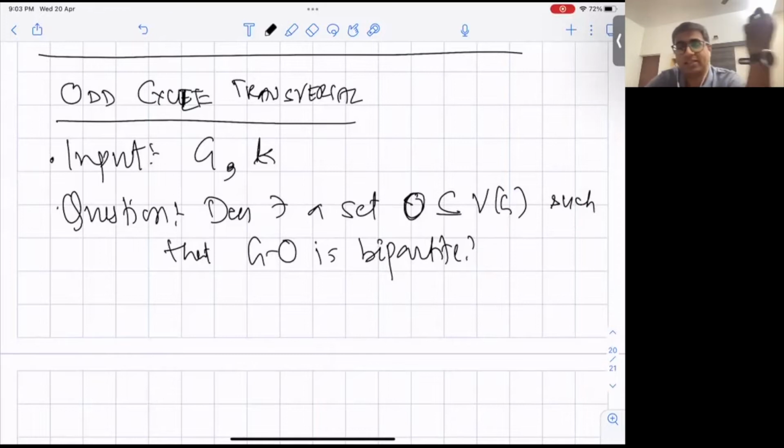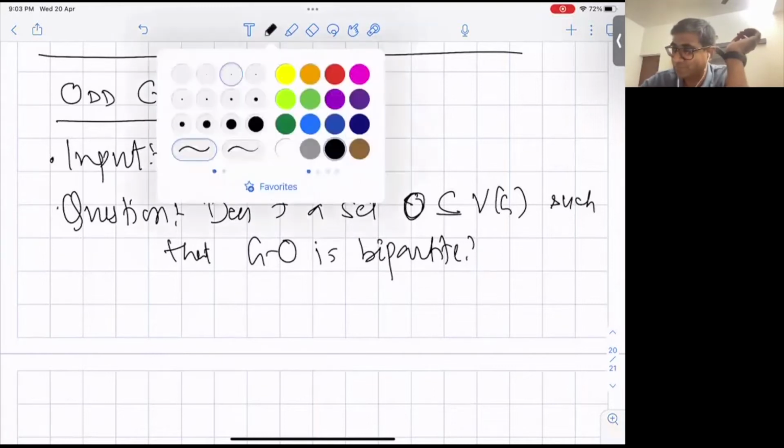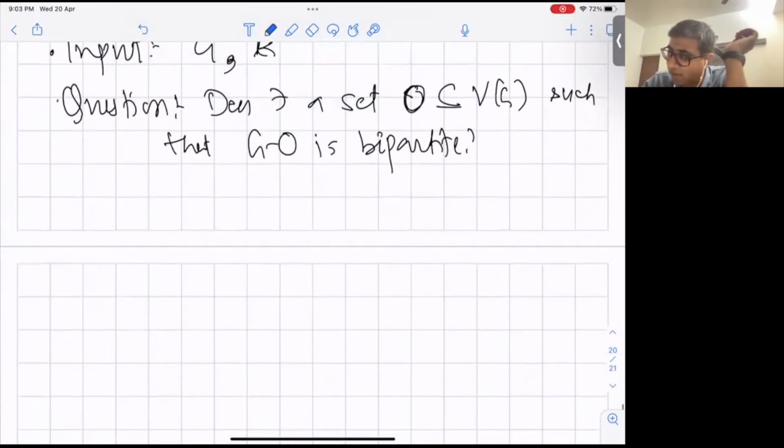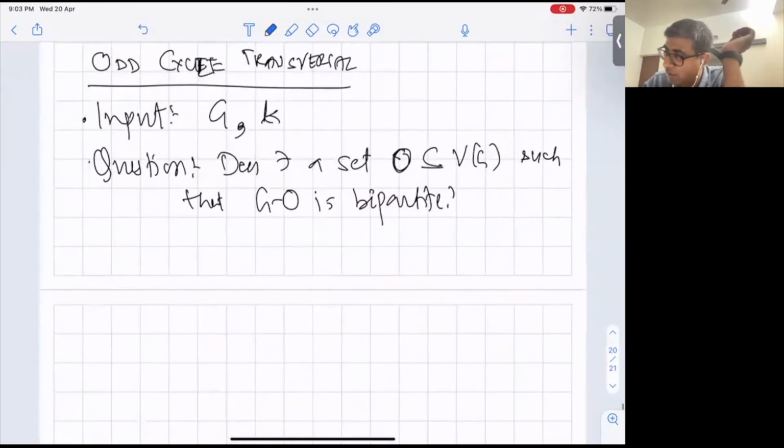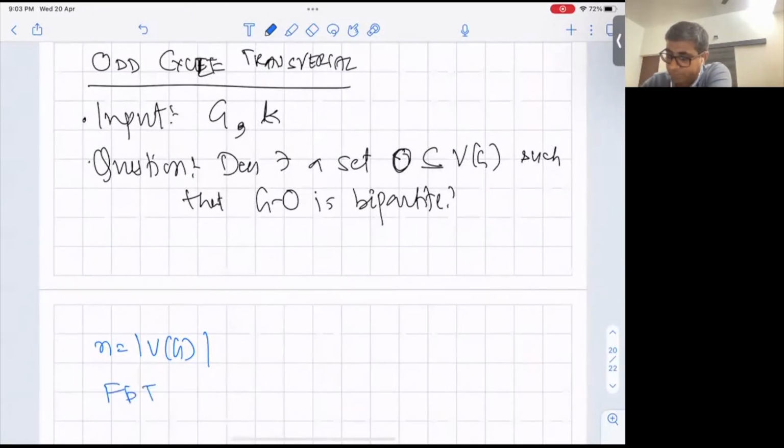Okay. So how did we start designing an algorithm for vertex cover? We actually started with n equal to the vertex set of G. Can you give me any algorithm to find odd cycle transversal which is FPT in n, where n is the number of vertices in my graph?